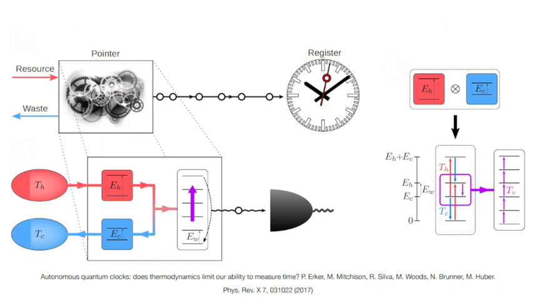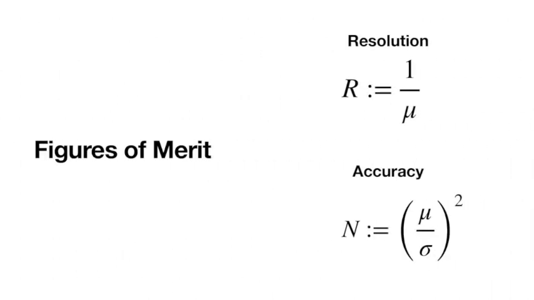So before we discuss further what we actually can extract from such a model, or what this model tells us about fundamental limitations of timekeeping, I think an important thing is to also introduce figures of merit, so that we're able to compare different clocks to each other. And so we defined these two figures of merit that we think are important.